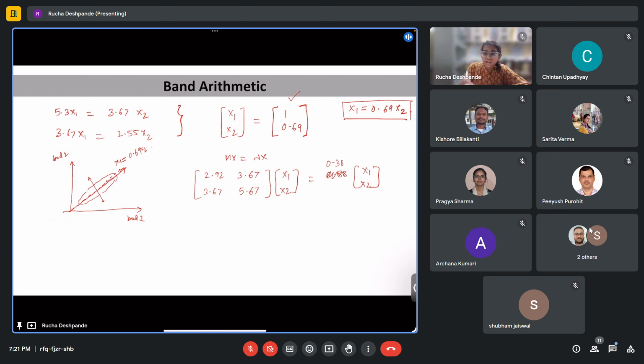Then similarly, you can calculate the eigenvector corresponding to this eigenvalue. Okay, so this was the problem on principal component analysis. I hope it was clear.